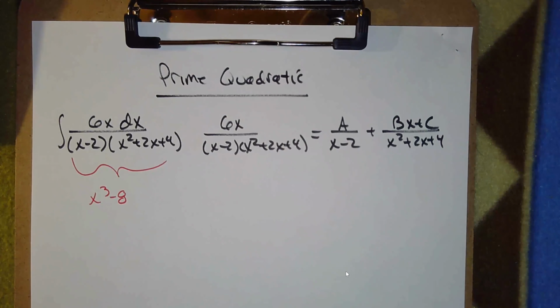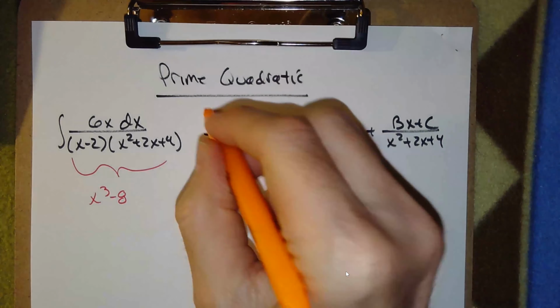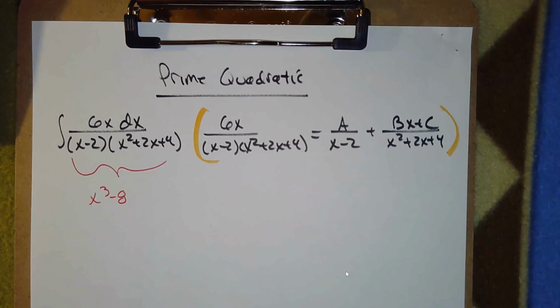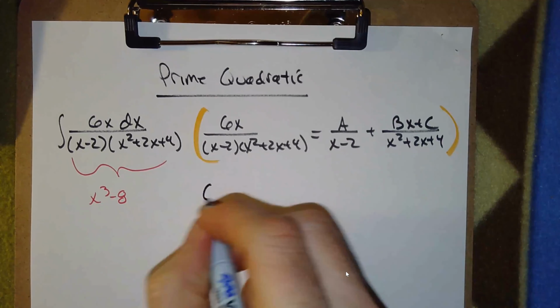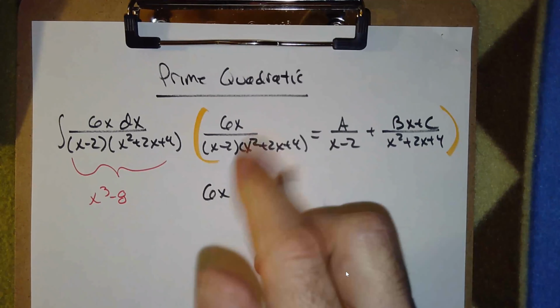Okay, so I want to focus on the setup. I'm not going to spend as much time on the actual calculation of A, B, and C. You are going to have to multiply both sides by the LCD. And what you'll end up with is everything on the left-hand side canceling.